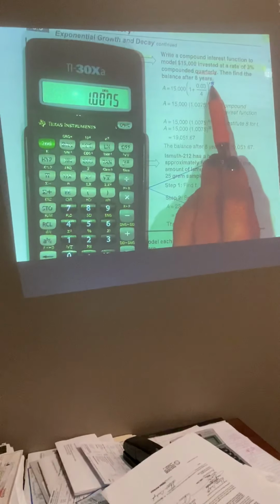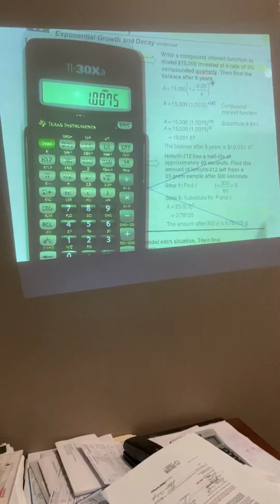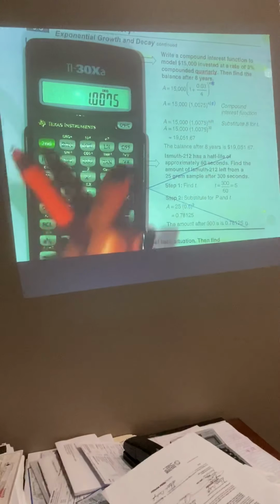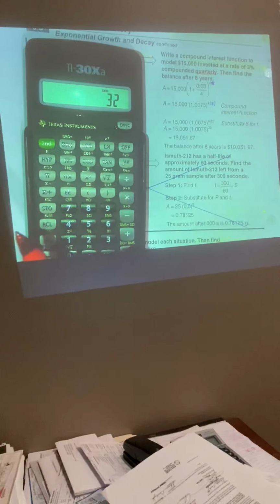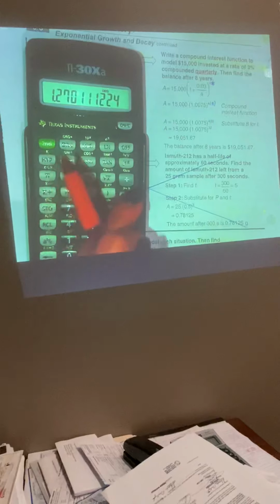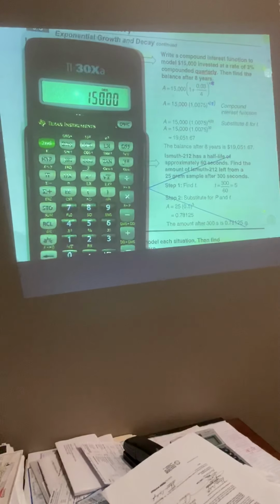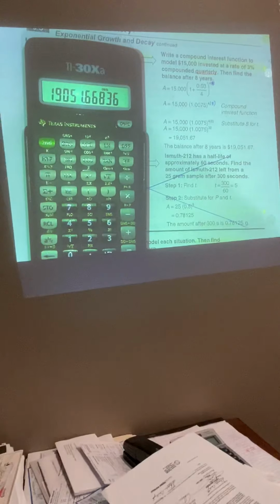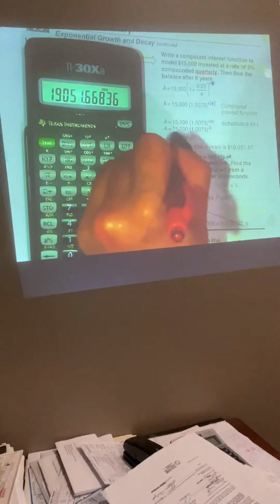Then y to the x, 32, because you have to do the NT. Y to the x, 32 equals, finally, times 15,000 equals. And I get 19,051.67. We're talking money, rounds the nearest penny.